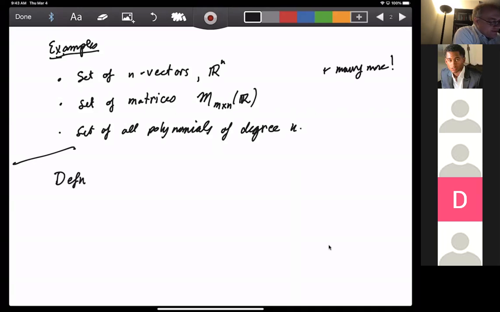So once we have the idea of a vector space, there's a definition that's important to understand.